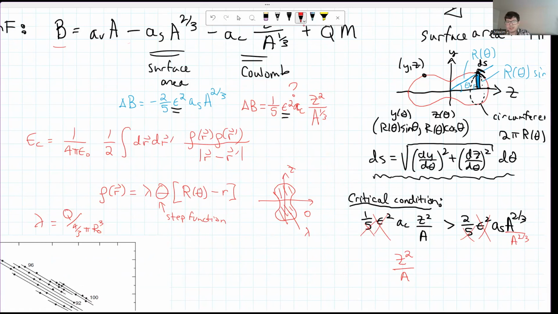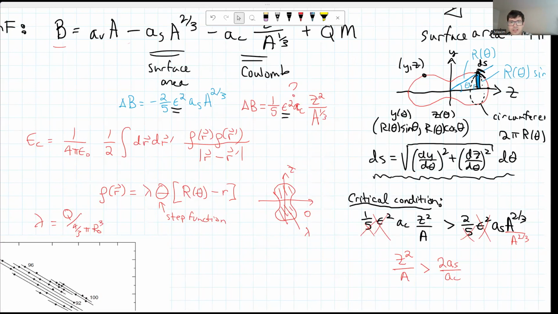When that is bigger than 2 A_S over A_C, you get spontaneous fission, because then it becomes favorable for the shape to deform, just as the binding energy continues increasing with epsilon.